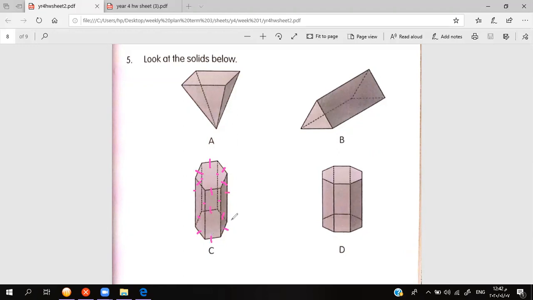And it got 18 edges. What about the faces? It has 2 hexagonal faces and 6 rectangular faces.